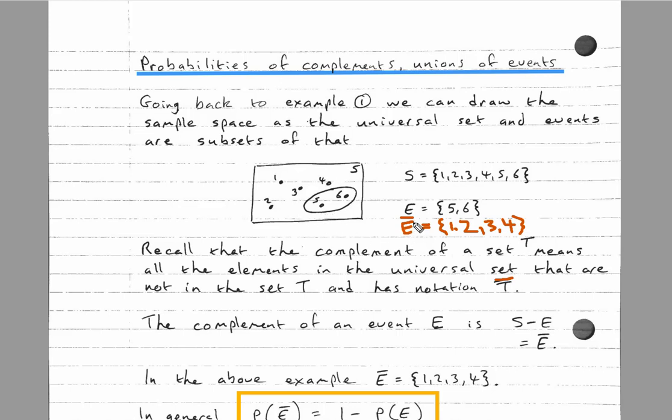All right, so the complement just means that the event E did not happen.